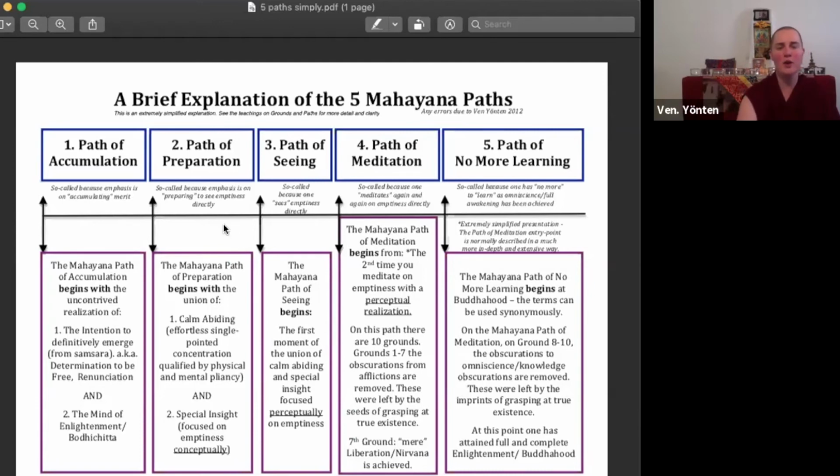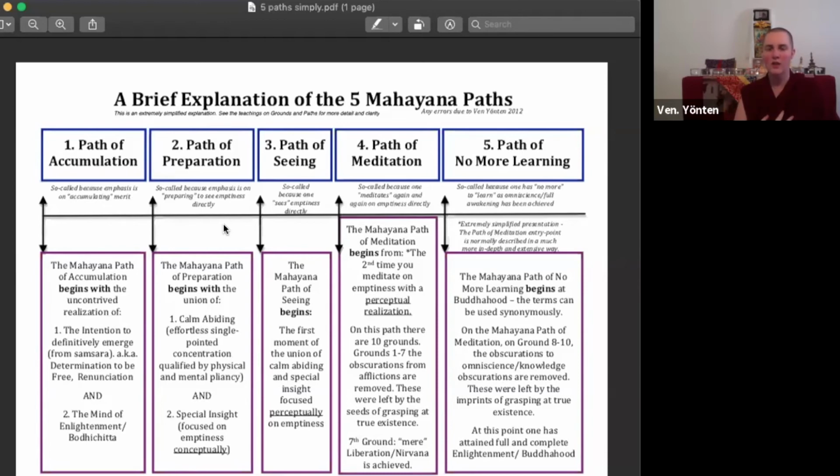So on the path of preparation, you're preparing to see emptiness directly. So it is a bit like you described, the movement from relative to ultimate, but it's more like the movement of conceptual to perceptual. It's a movement from understanding something with great stability and great clarity and good intellectual understanding, and moving from getting it to knowing it.